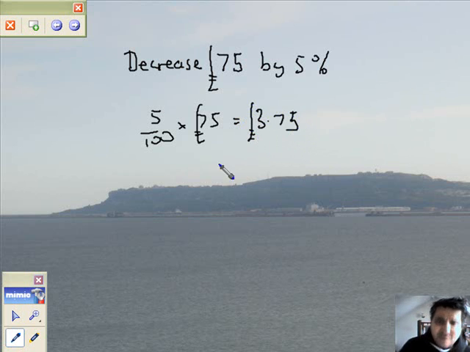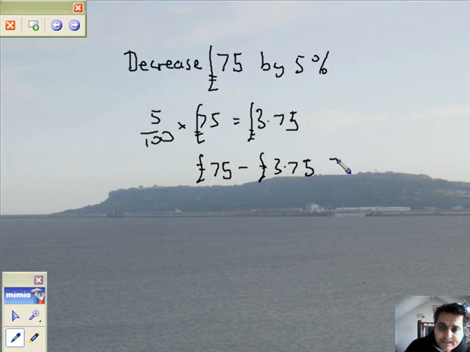That is the amount I've got to decrease by. And decrease in maths means take it away. So £75, take away the decreased amount of 5%, which is £3.75, and that will give us £71.25. Just check that. Yeah, that's very good.